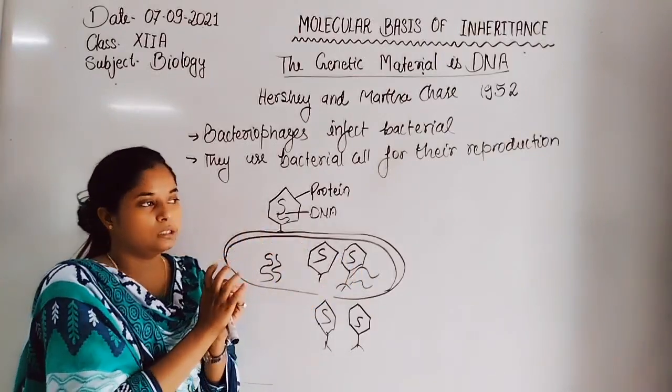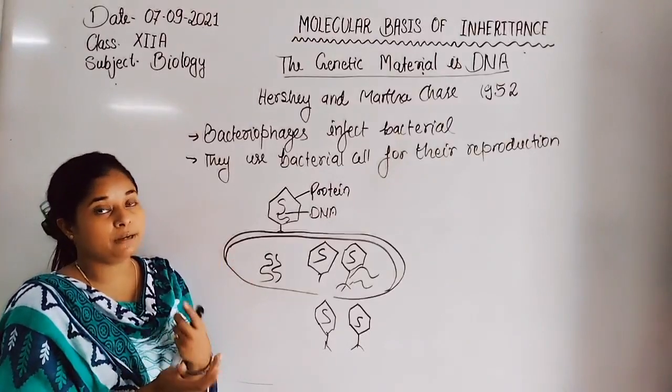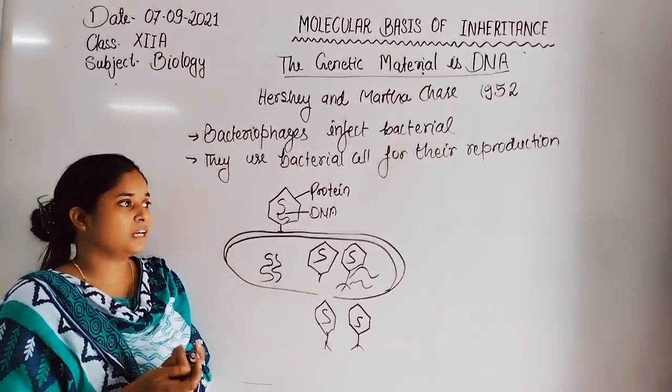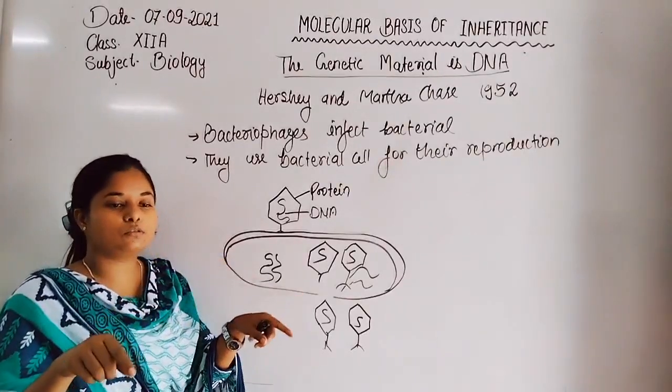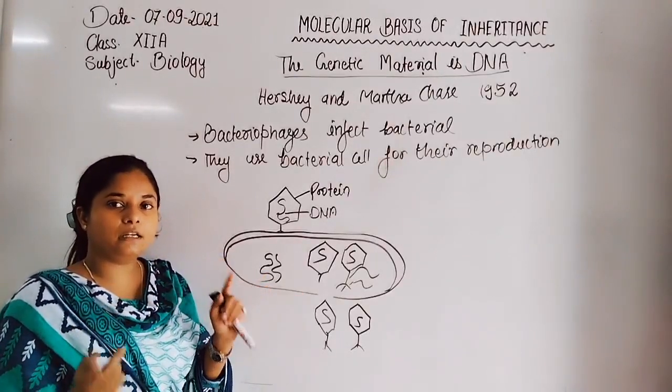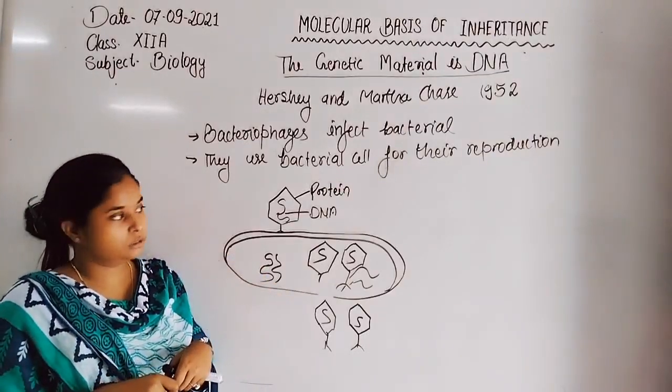But the complication is that bacteriophages are viruses that infect bacteria. Viruses only have the genetic code, the genetic material, either RNA or DNA, and that genetic material is surrounded by a protein coat only.